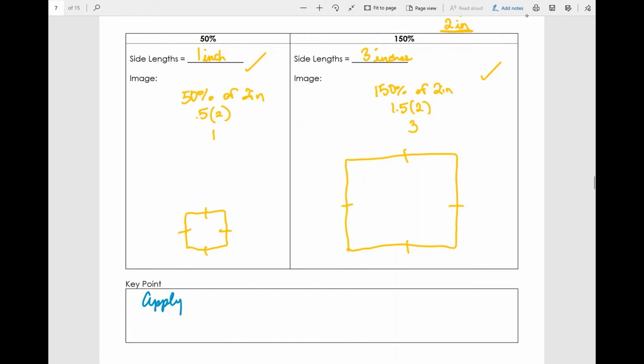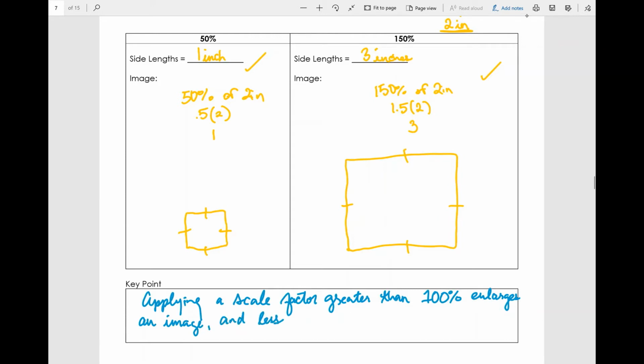Applying a scale factor greater than 100% enlarges an image, and less than 100% shrinks an image.